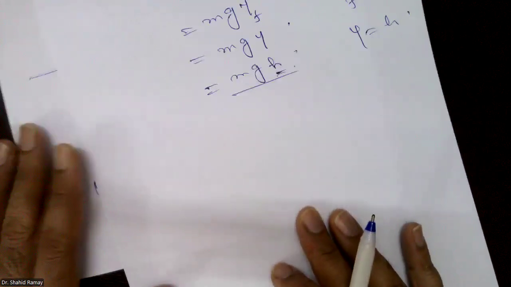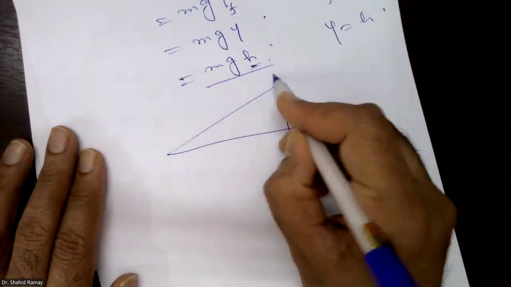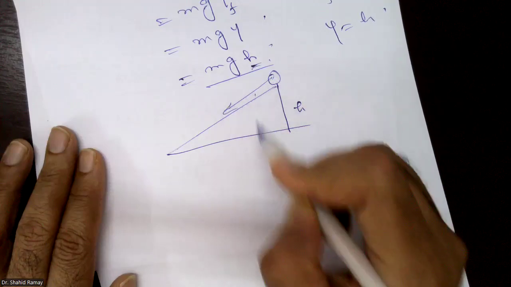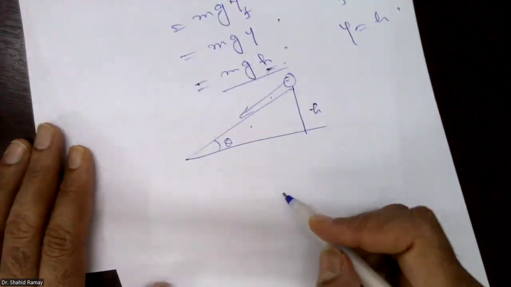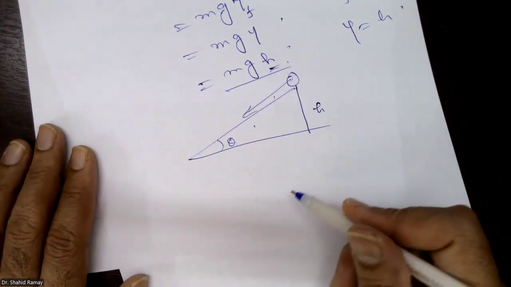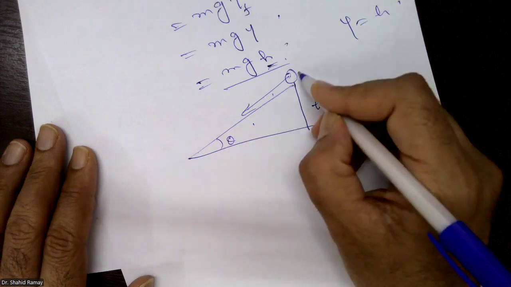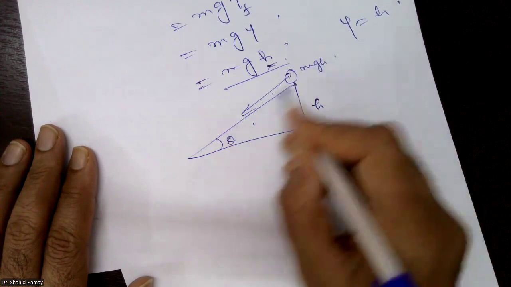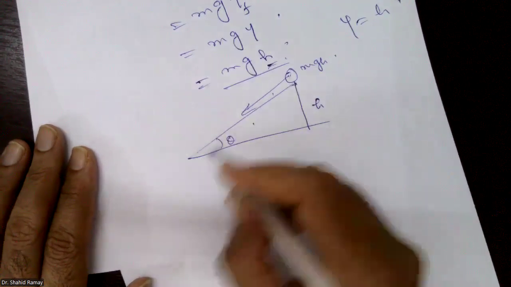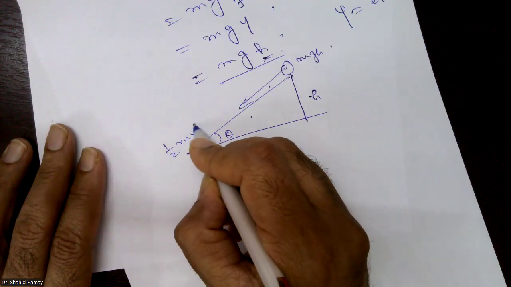Okay, so last time I already explained that the inclined plane is very important. In the inclined plane, this is the height and the ball is falling down with an angle theta. Here is the maximum potential energy, this is mgh. When it goes down, the whole potential energy is converting into kinetic energy.